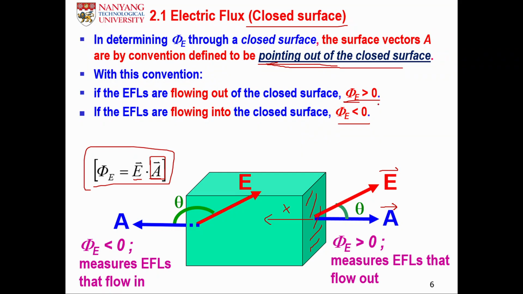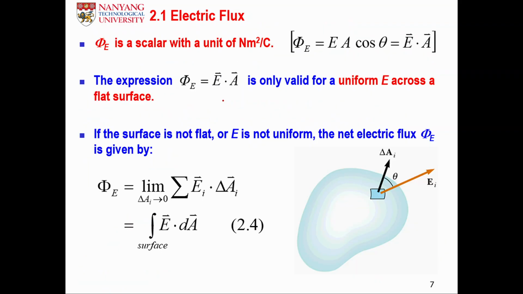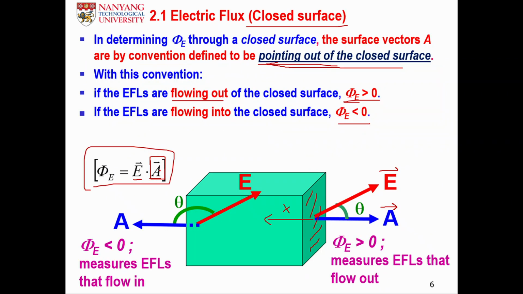We define flow out of the surface to be positive and flow into the surface to be negative. So this is how we can generally determine the electric flux for a closed surface. Again, you can see the most important thing is to define the vector A, or more accurately, to define the direction of vector A.